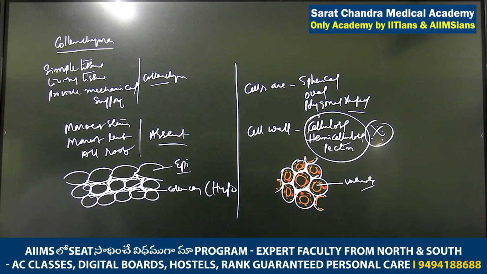The center of the cell is occupied by a large vacuole. Why is the vacuole at the center? Because these are mature cells.